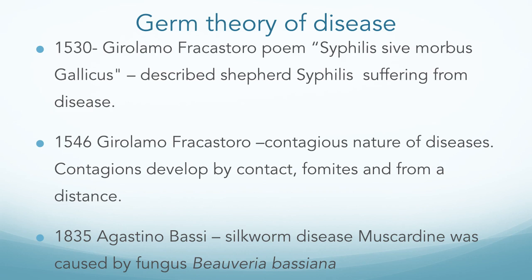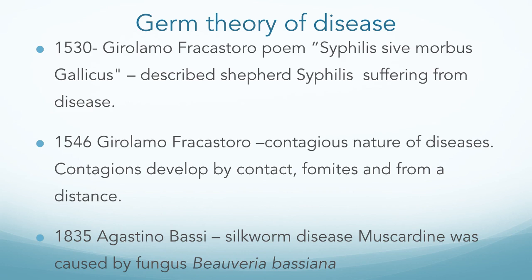He considered contagions to develop from three different sources, that is contact, fomites, and from a distance. But for the lack of proof, his ideas did not have much influence during this period.